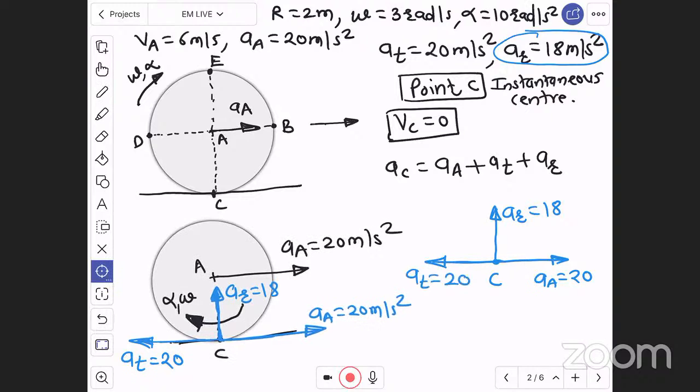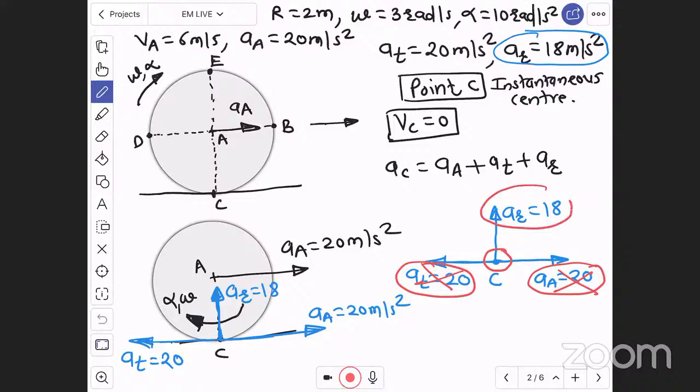Now, my dear students, can you imagine that acceleration of A and tangential acceleration will cancel each other, because they are equal in magnitude but opposite in direction? Therefore, at instant center, there is only radial or centripetal acceleration.